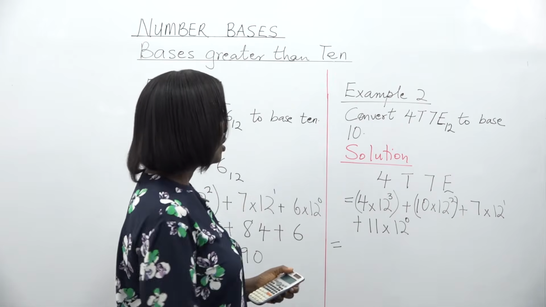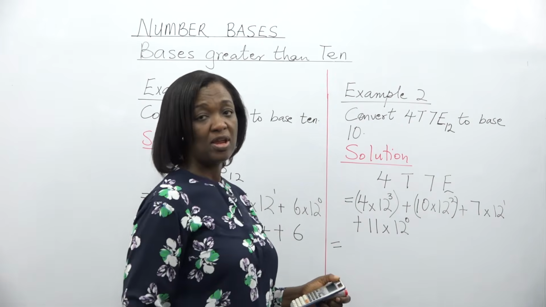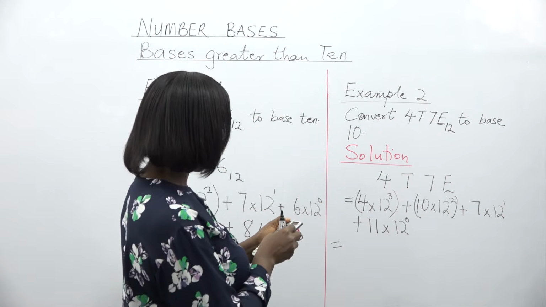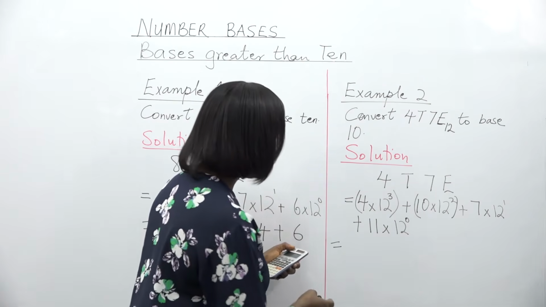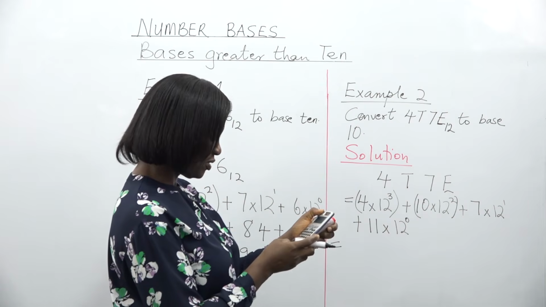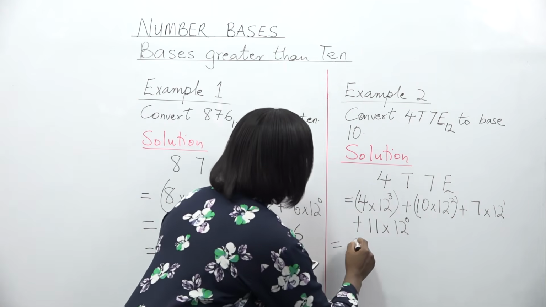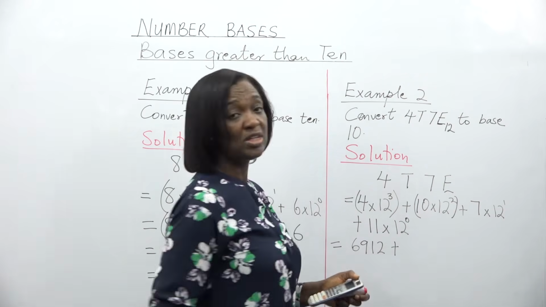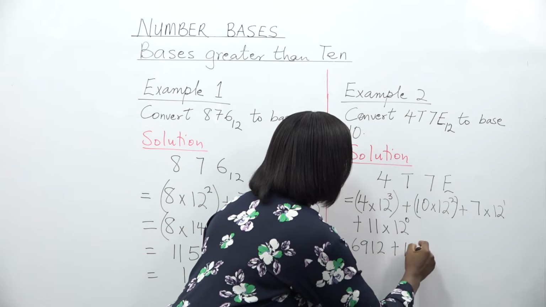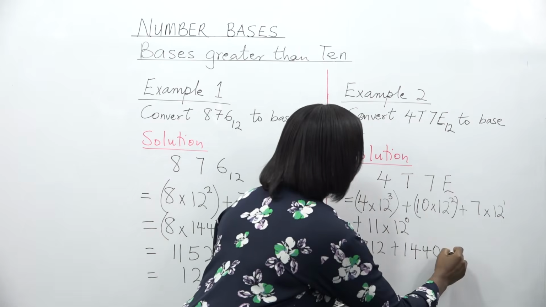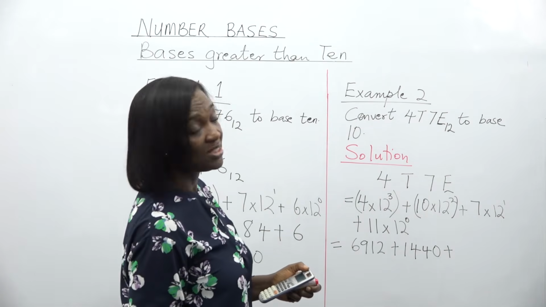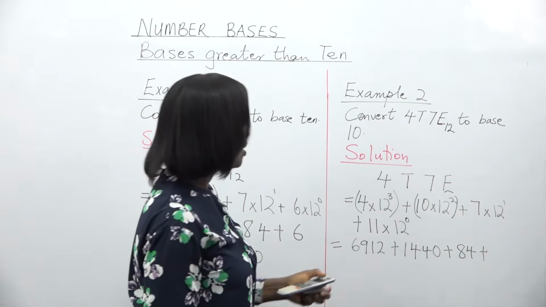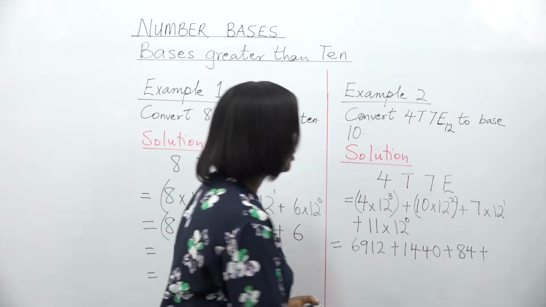Next, let's simplify. We're going to multiply 12 to the power 3 by 4. 12 raised to the power 3 is equal to 1728, and 1728 times 4 would give us 6912, plus 12 to the power 2 is 144. 144 times 10, you just attach a 0, plus 12 times 7 is 84, plus 12 to the power 0 is 1, and 1 times 11 is 11.